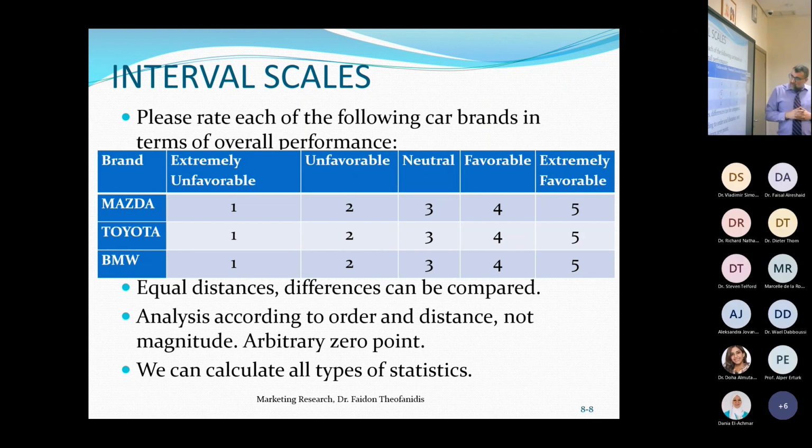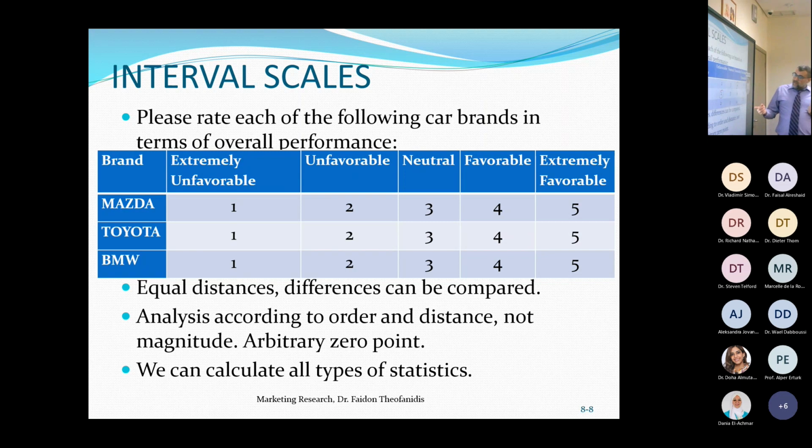In this example, do I know how much more BMW is preferred to Mazda? Yes. This consumer said 5 for BMW, 4 for Mazda. Therefore, it is preferred by 1 distance.